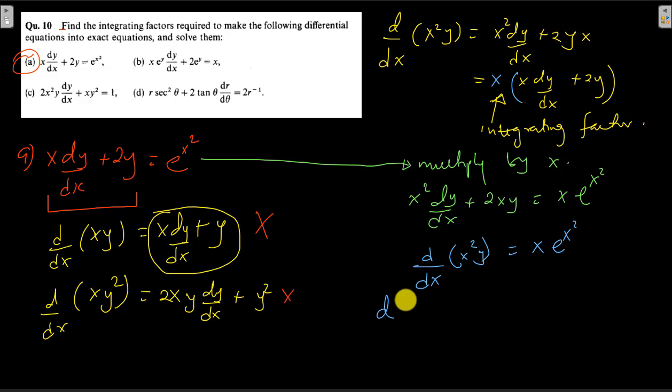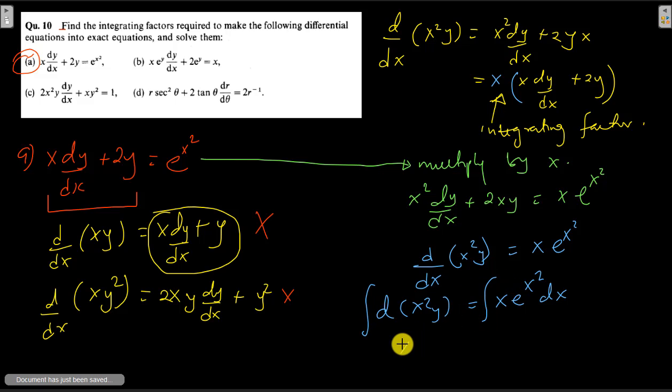This is the same as d x squared y equals x exponent x squared dx. Let's take integrals on both sides since we're running out of space. This is going to be x squared y equals, so I guess you've taken classes in integration, so you can actually find what the integral of this is.